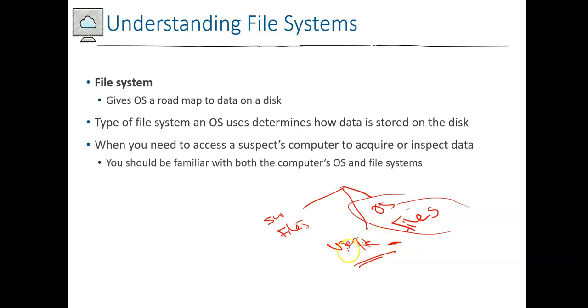Some of those give the operating system its roadmap. What does roadmap mean? When you turn on the computer, it starts up and we see whatever is in front of the screen. This is software that tells the computer what to do. The type of file system is used by the operating system to determine how the data is stored on the disk.